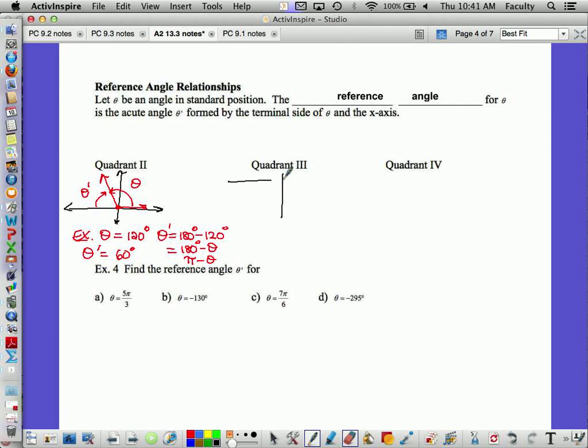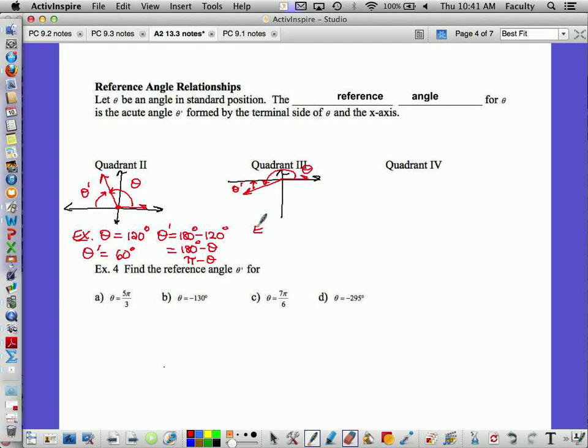Now let's go to the third quadrant. If I have a third quadrant angle, so this is theta, theta prime is from the terminal side to the x-axis. It's always to the x-axis.